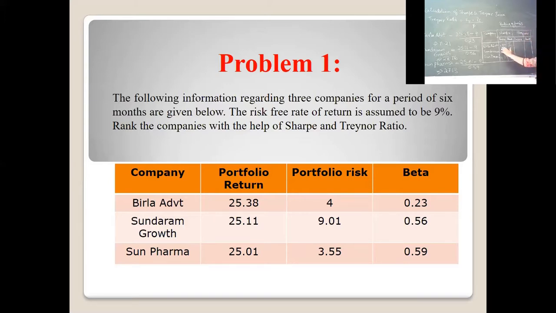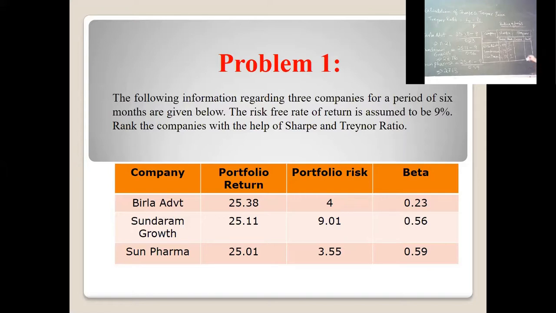So based on the returns that the index provides, we rank the companies based on Sharpe index and Treynor index, where in the first column I write the index value I've got, and in the next column I rank the securities. Sun Pharma, according to Sharpe index, has the highest value, therefore it is ranked 1, followed by Birla Advantage, and the third one is Sundaram.